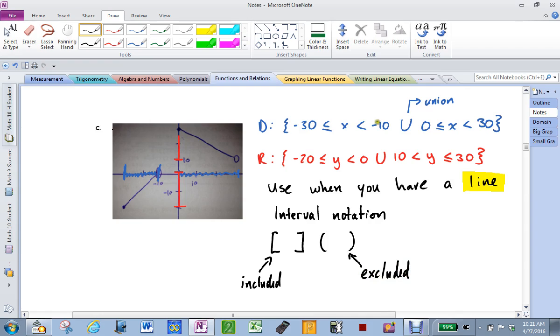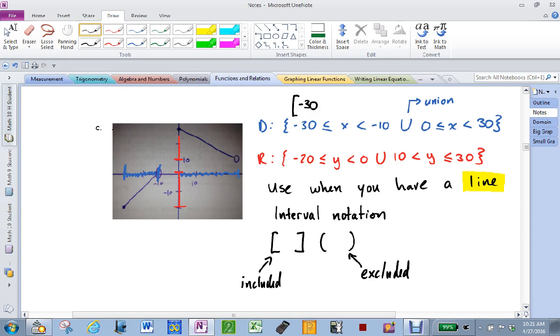So read this first section here. What is the lowest value of domain that we have? Negative 30. Is it included? Yes. So we put a square bracket and negative 30, because negative 30 is included. Everybody cool?